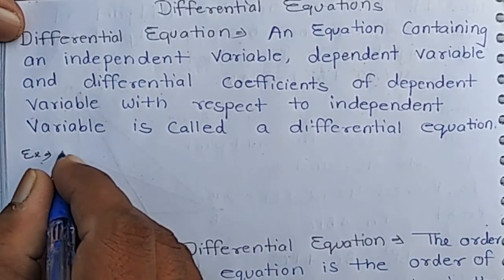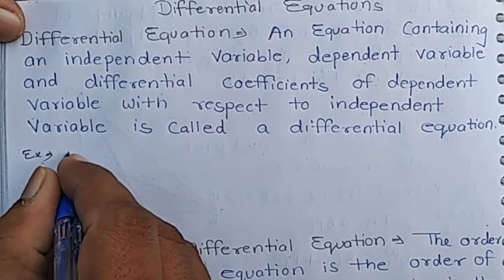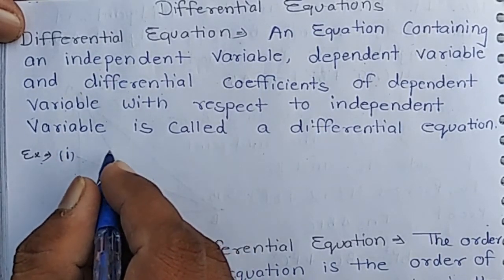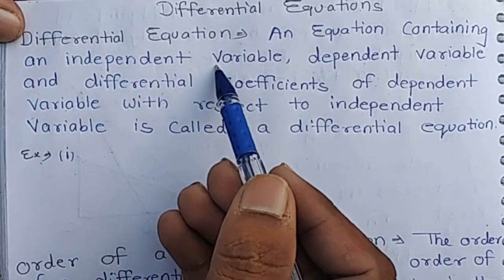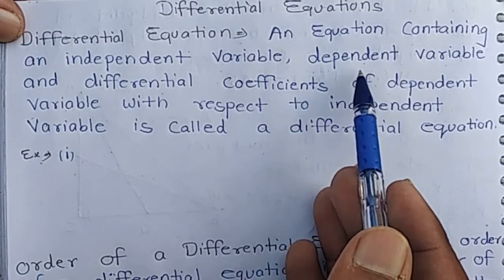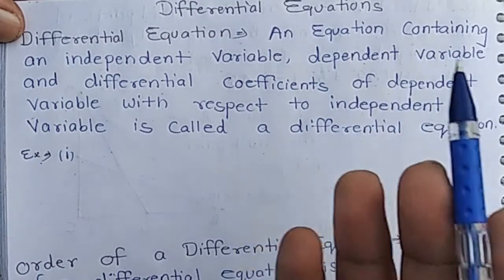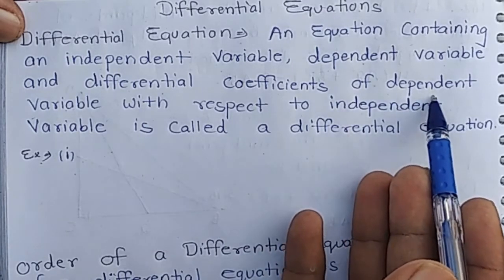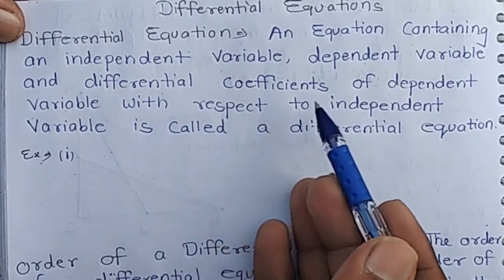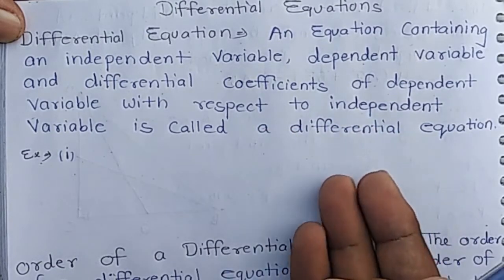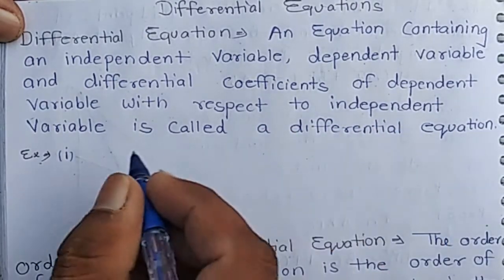Means a differential equation is in the form that contains the independent variable, x, the dependent variable, y, and the differential coefficient of the dependent variable with respect to the independent variable, meaning dy by dx, d2y by dx square, d3y by dx cube, and so on.